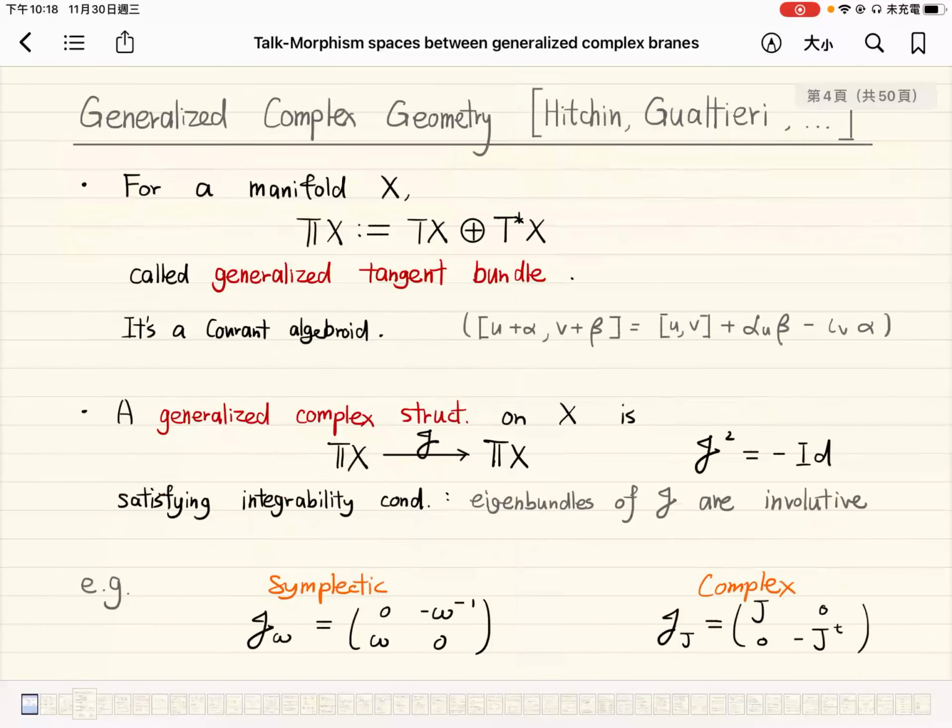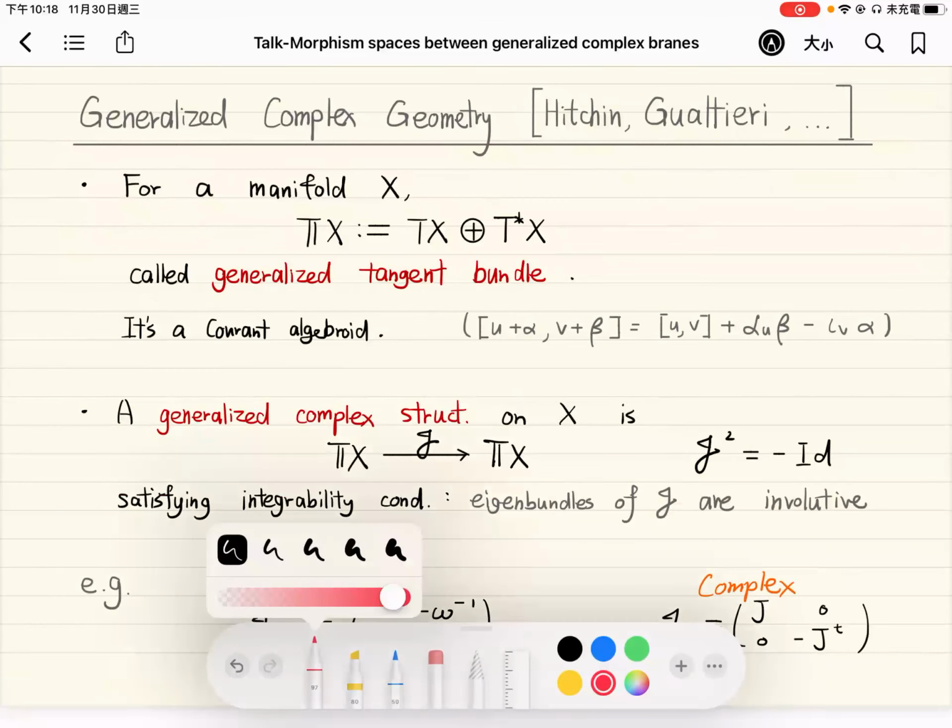Okay, let me go to the original page here. So generalized complex geometry talks about the geometric structure not on the tangent bundle of a manifold X, but on the generalized tangent bundle. That means the direct sum of the tangent bundle of X and the cotangent bundle.